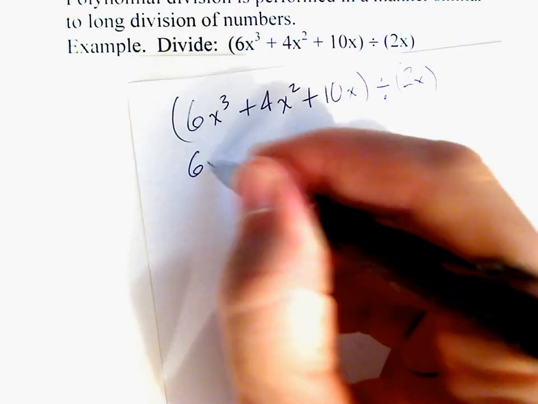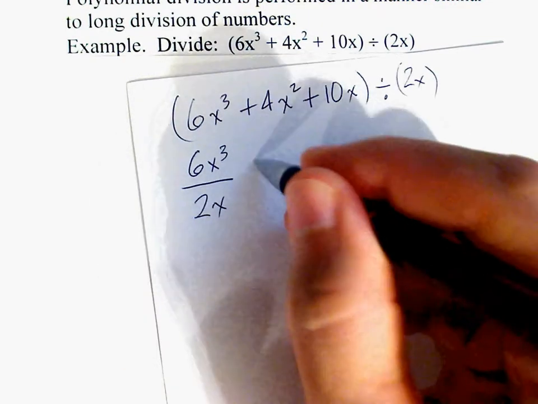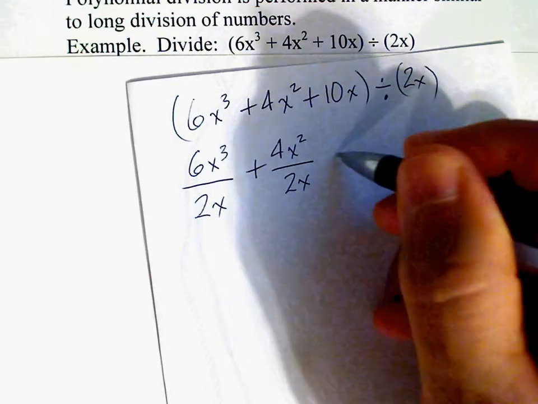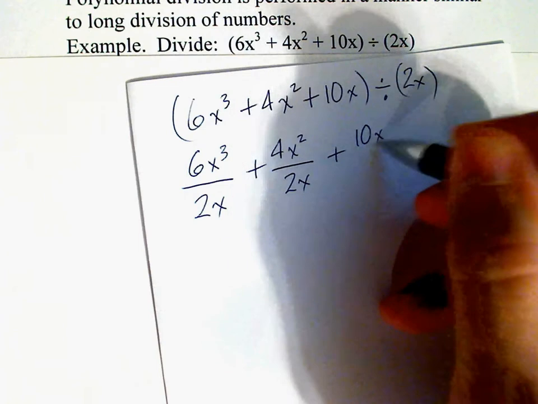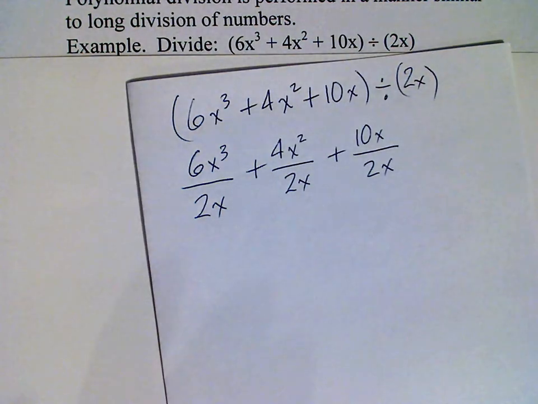So we go 6x cubed divided by 2x plus 4x squared divided by 2x plus 10x divided by 2x. And then, of course, we would like to simplify each of these fractions.